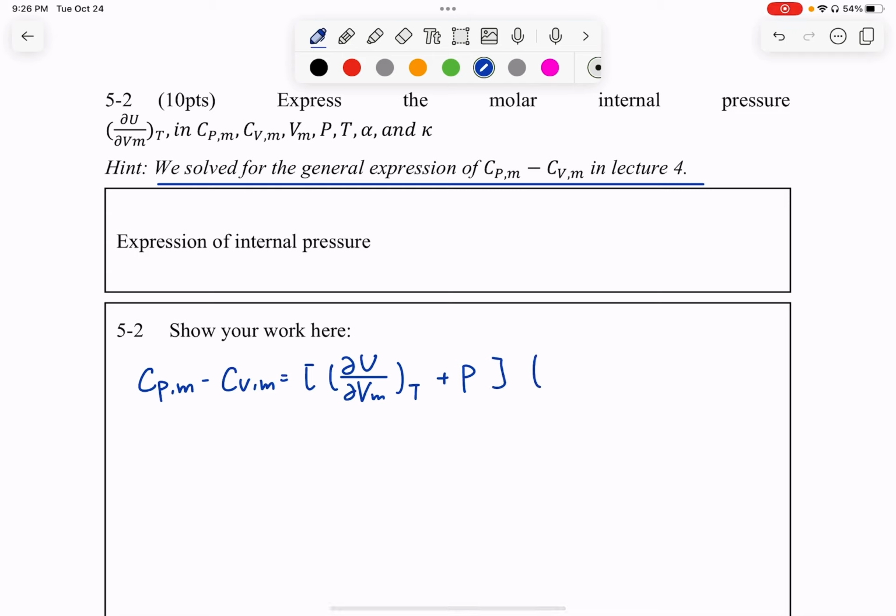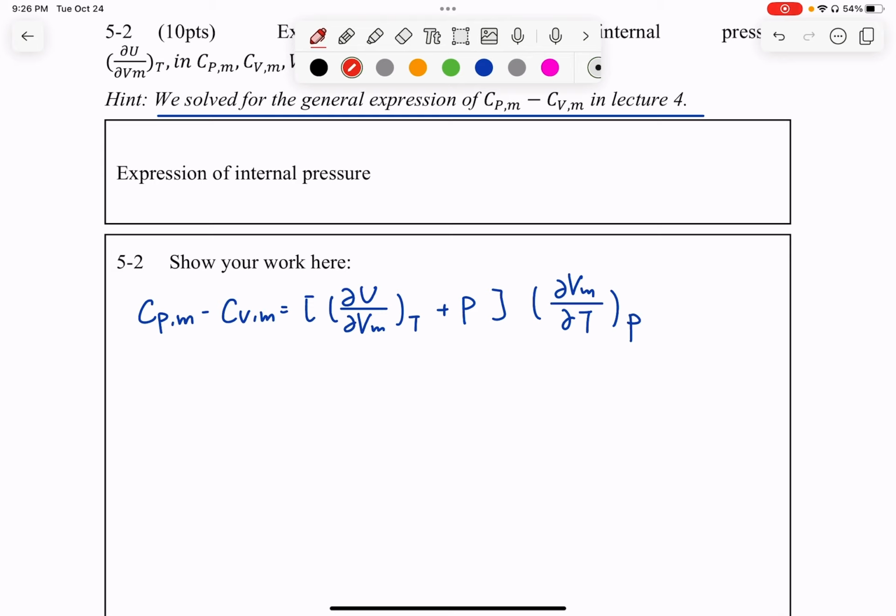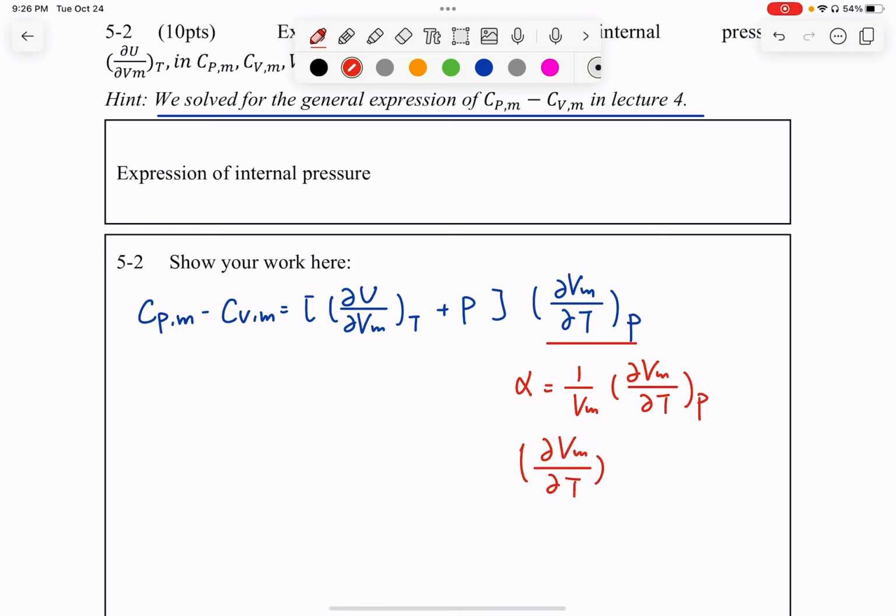So this is something we solved in lecture 4. All right, and in this case, it's pretty easy to identify that this term is related to alpha, which equals 1 over Vm times the partial derivative of Vm over T at constant p. Or the other way to put it is this partial derivative of Vm over T at constant p equals alpha Vm.